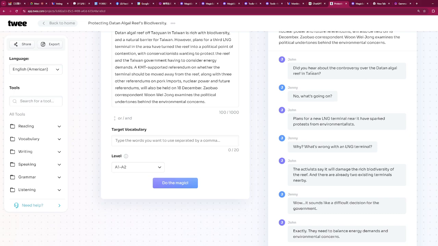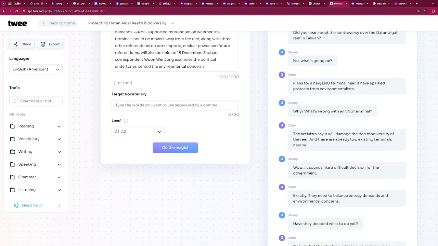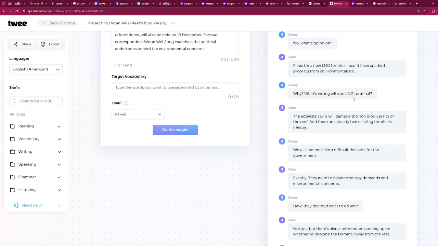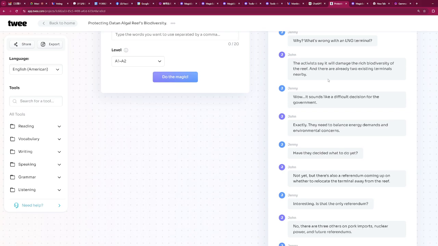Did you hear about the controversies over Datan Algal Reef in Taiwan? No, what's going on? Plans for a new LNG, liquefied natural gas, terminal near it have sparked protest from environmentalists. Why? What's wrong with the LNG terminal? The activists say it will damage the rich biodiversity of the reef, and there are already 2 existing terminals nearby.